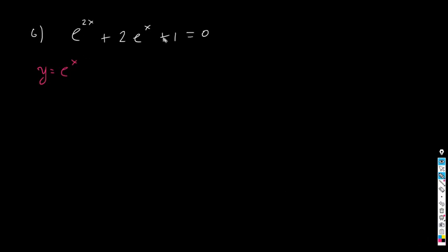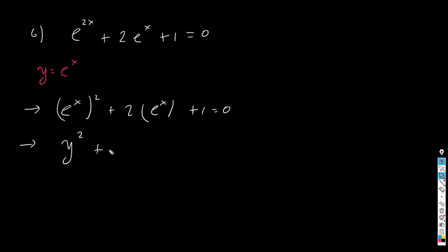now my equation, which can be written in this way also, can be written like y squared plus 2y plus 1 equals 0. Make sure, please.